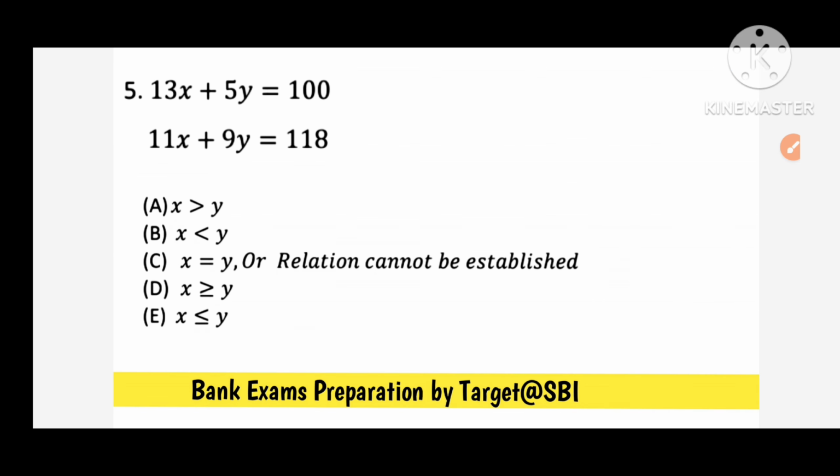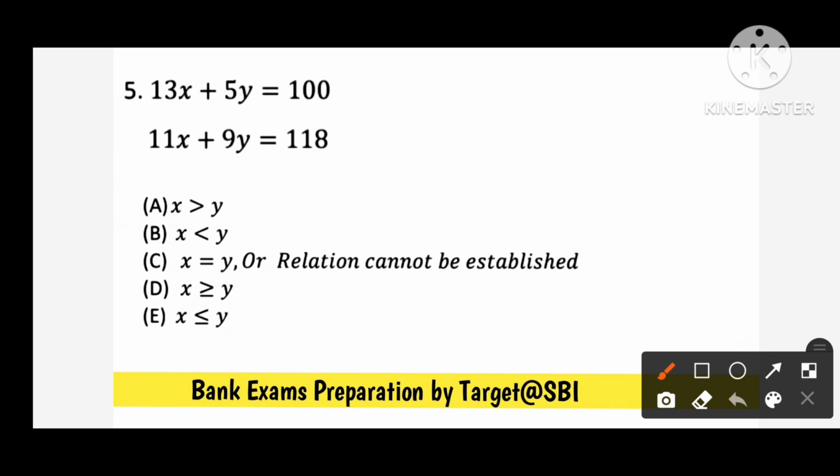This question takes a little time. First we need to make the coefficient of y equal by multiplying this with 9, this with 5. So we have 9 13 times 117x plus 45y equals 900.